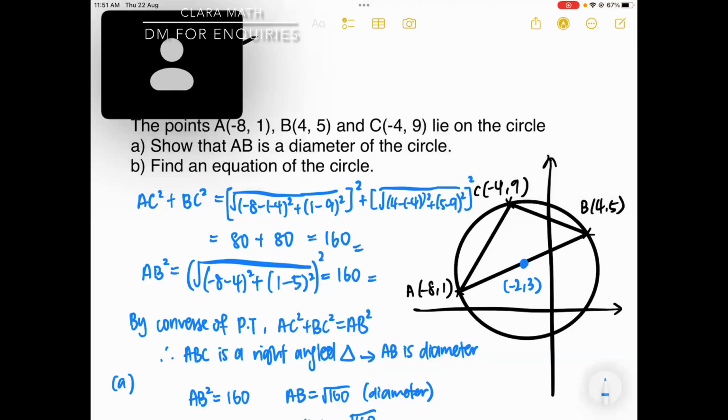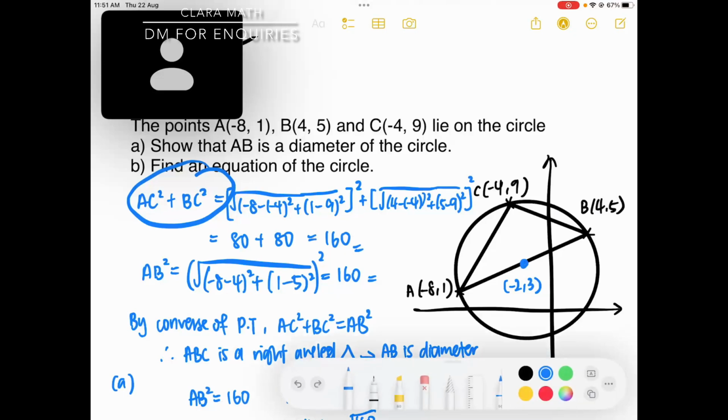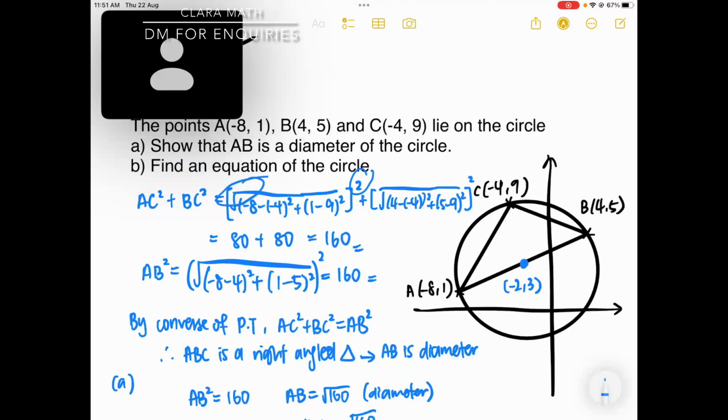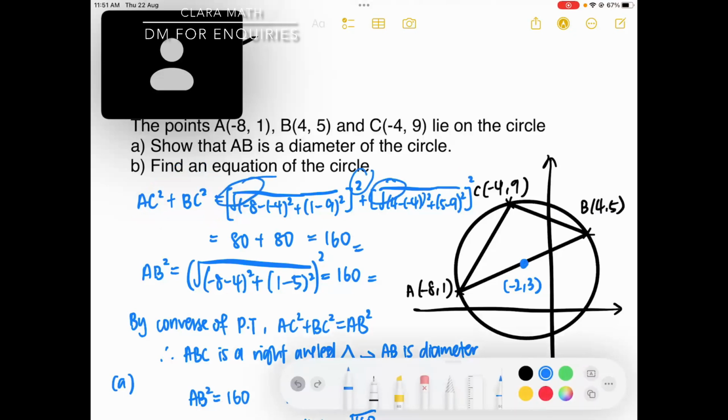So you can see from here, they have to do the Pythagoras theorem like one side of it. And then with the length formula, you can find the sides and then you will get 160. Because also the squares here will remove the square roots. Yeah. So then you just get this whole number.